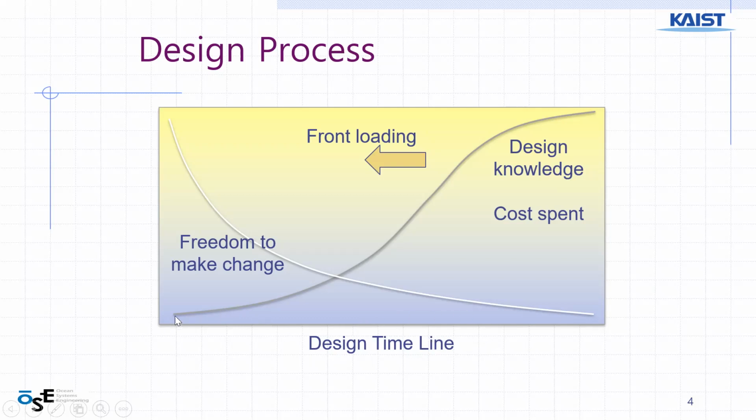The first curve is going up along the timeline. That shows design knowledge or cost used, the money used for the design and also construction. Let's say we are trying to design and produce an FPSO or cruise ship.